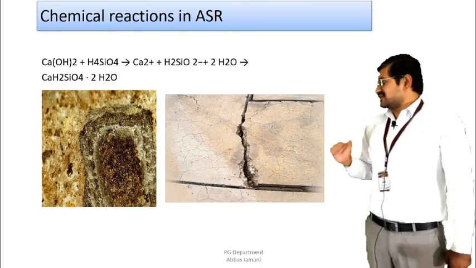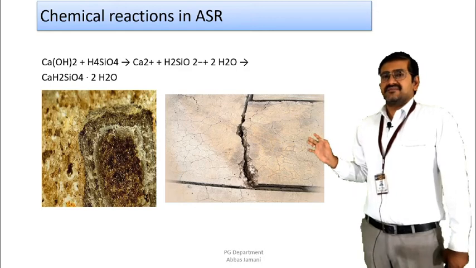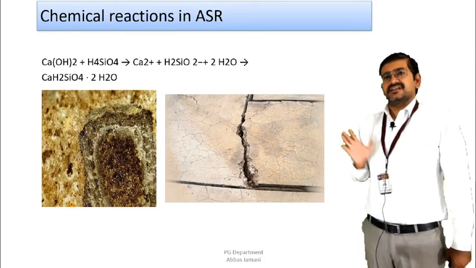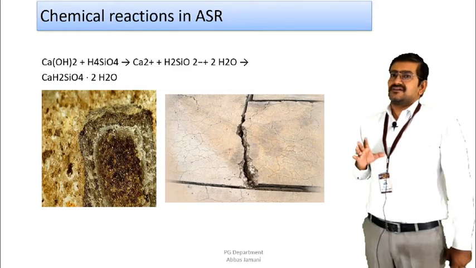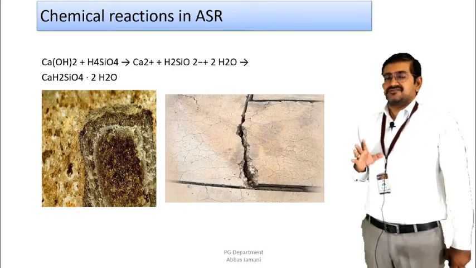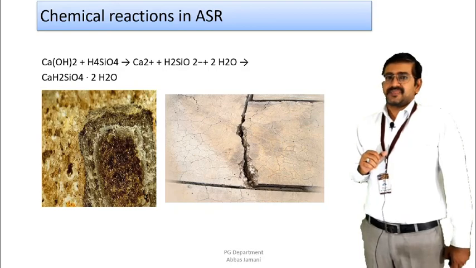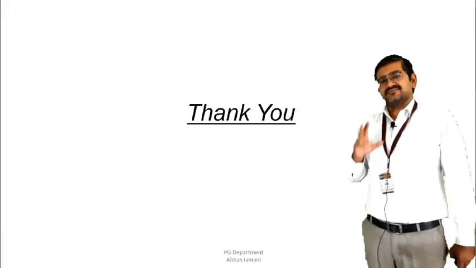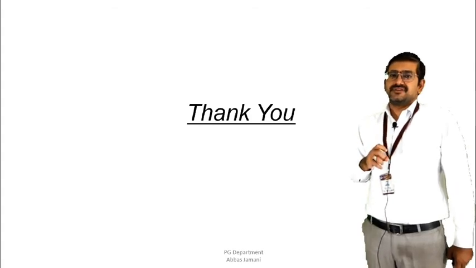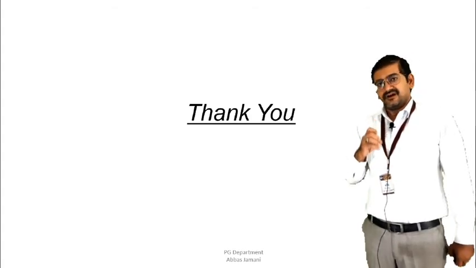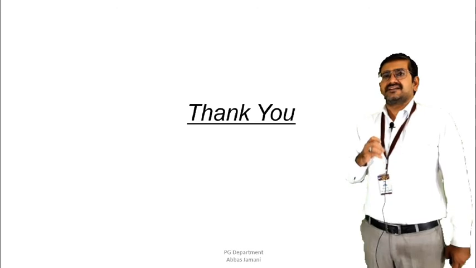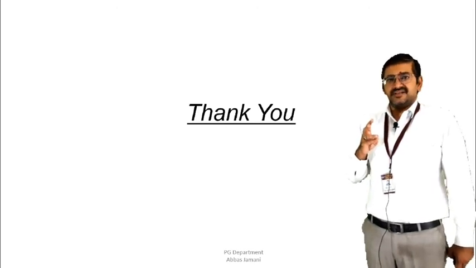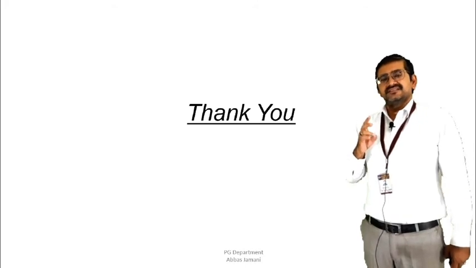And it is but obvious that if something is detrimental to such a level, it is going to reduce the service life of the structure, and the durability of the structure is going to be compromised to a great extent, right? So it is very important for us to understand the concept of durability of concrete. The factors that we have discussed regarding durability, that is the concrete cover, then compaction, then permeability, then cement type, right?